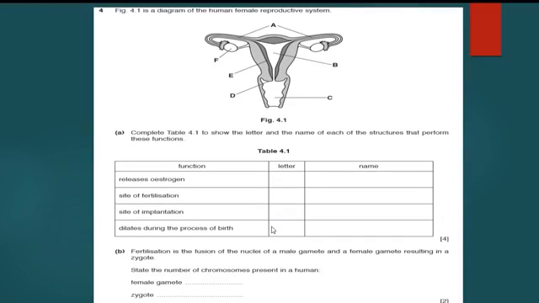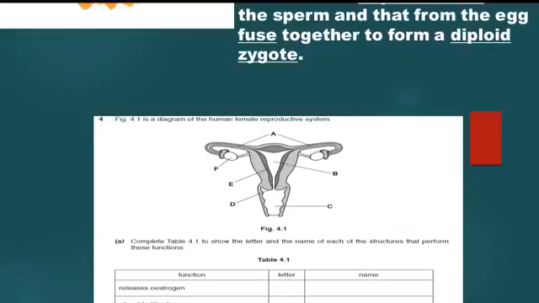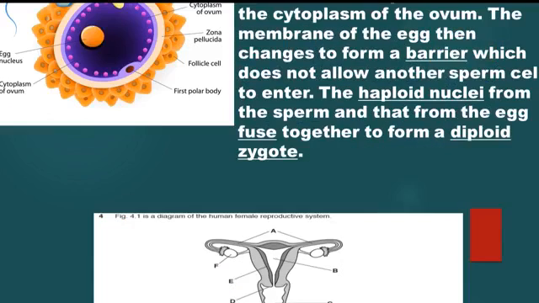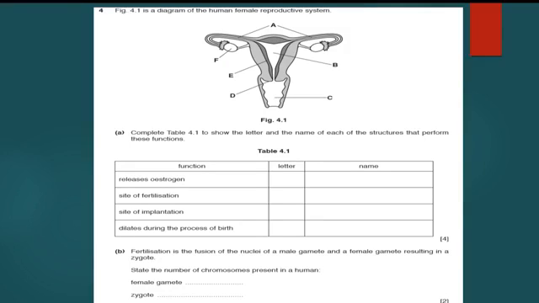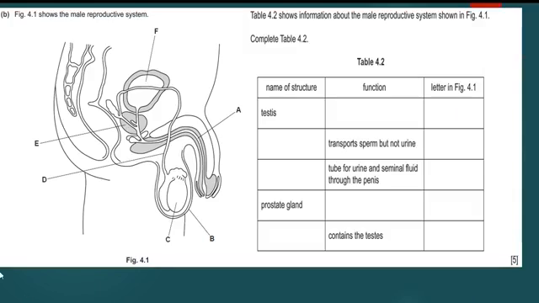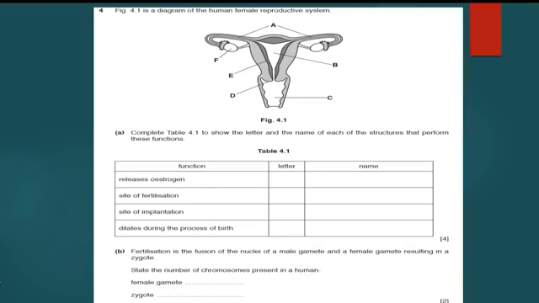Now, I have a question here with me that was taken from an IGCSE exam. Figure 4.1 is a diagram of the human female reproductive system.